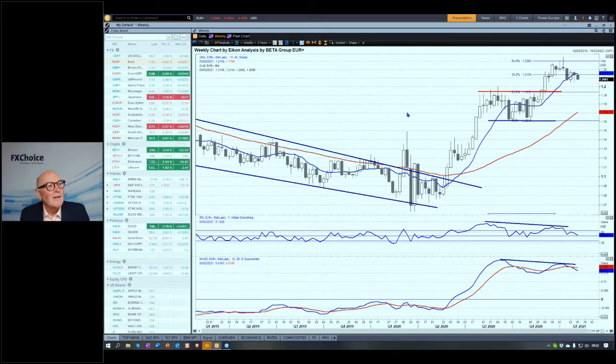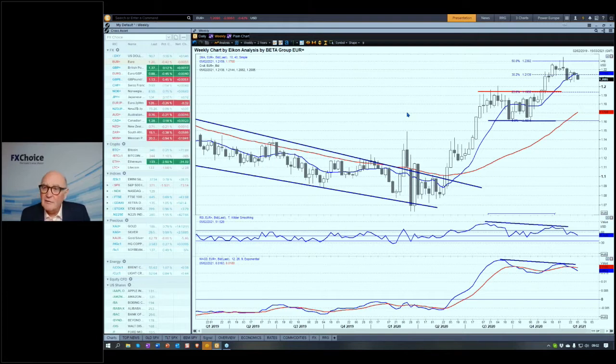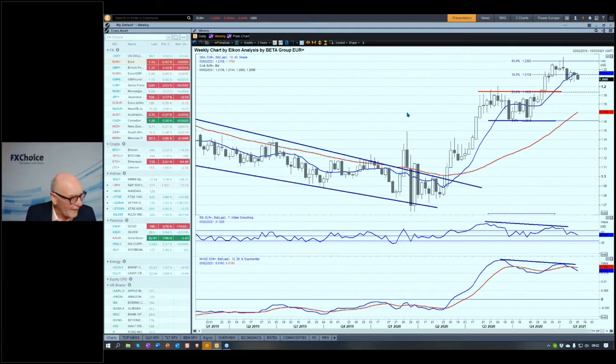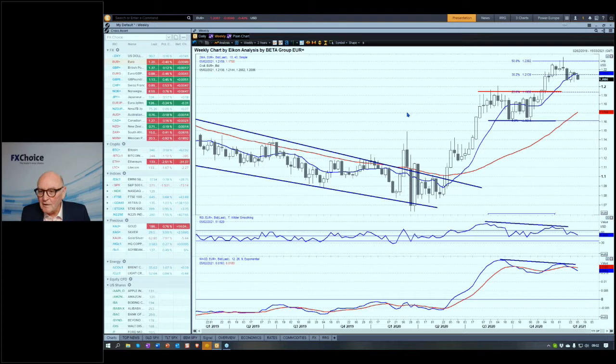GameStop dominated last week's market narrative, but there's very little sign that this volatility linked to the exuberance of retail trading heralds a market-wide contagion. So it's not a threat to the market itself, but it's historically very important.